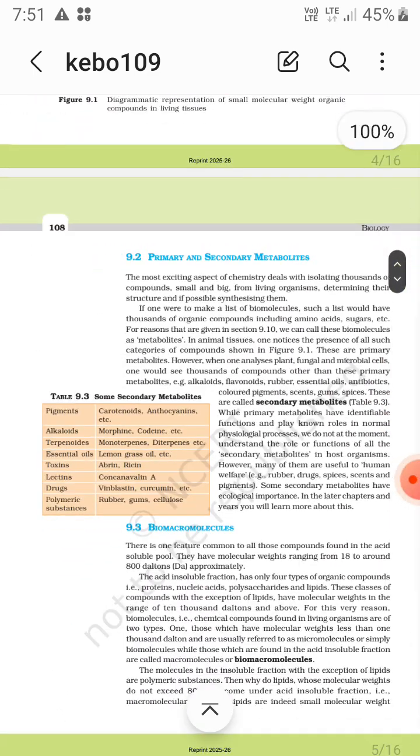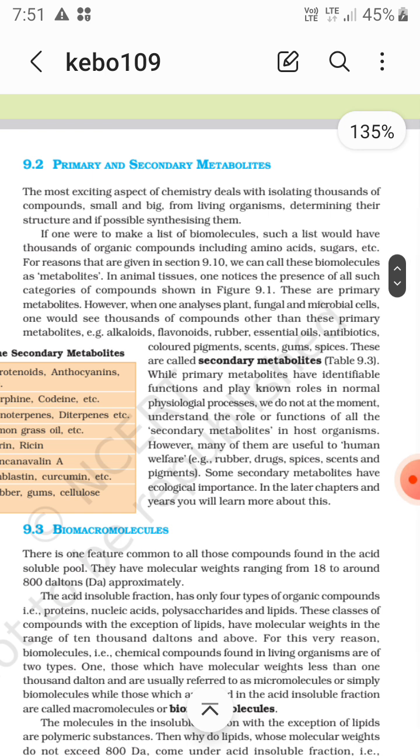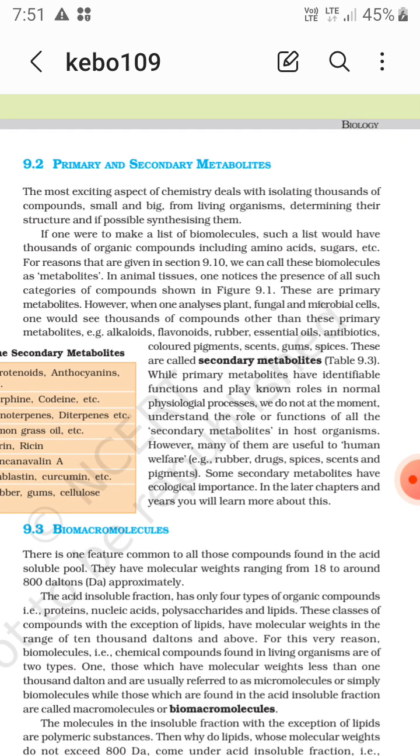Now primary and secondary metabolites. Biomolecules we call metabolites in animal tissues. So there are primary metabolites in animals. However, when one analyzes plant, fungal, and microbial cells, one would see thousands of compounds other than these primary metabolites.